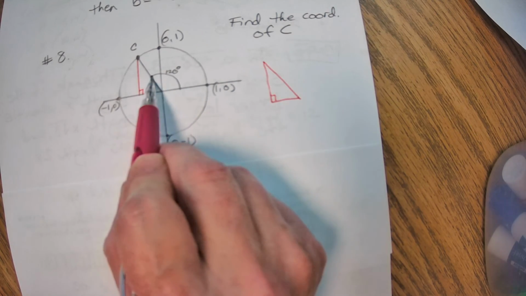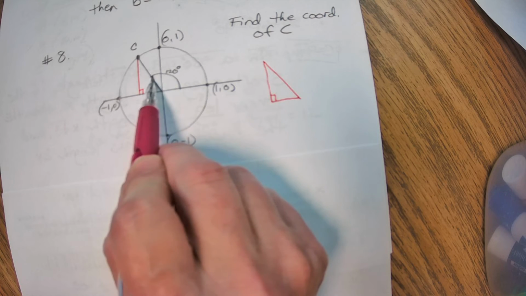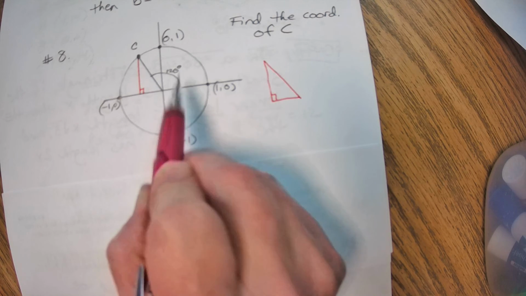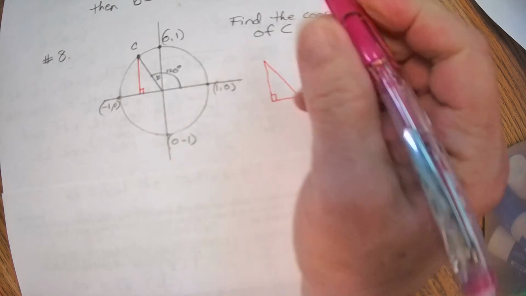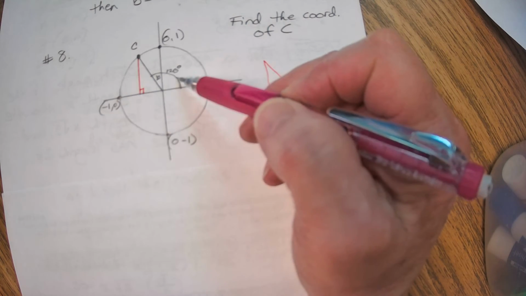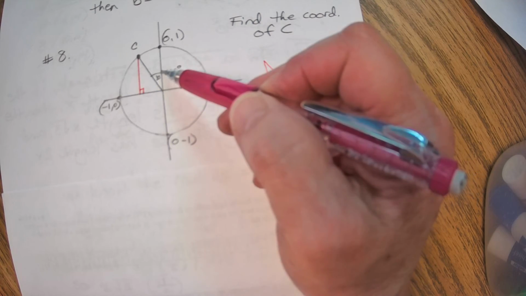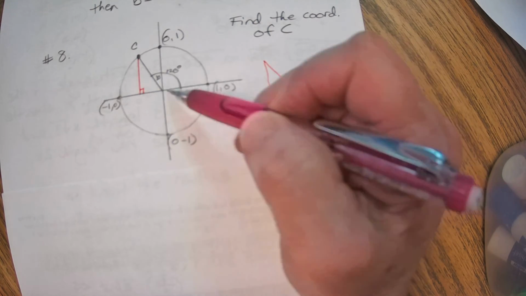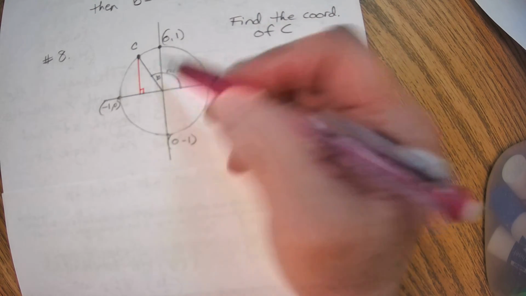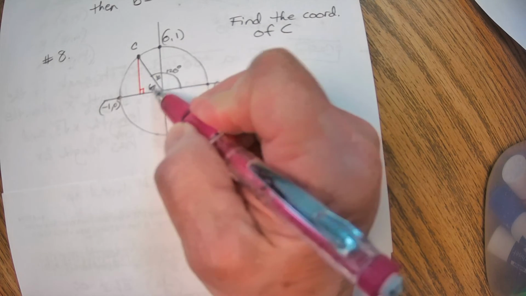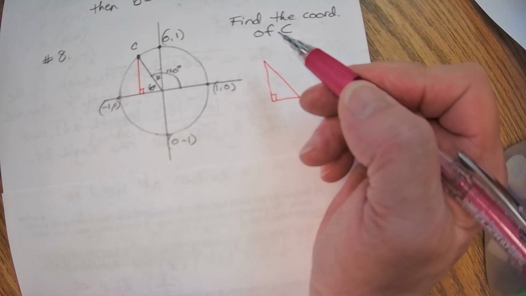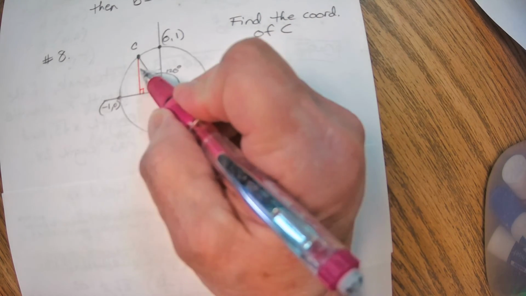And then notice that if this is 120 degrees, that means that this right here is 30, right? Because 120 minus 90, I know that this is a 90-degree angle, leaves 30. And if this is 30, this is 60, because 30 plus 60 equals 90 degrees. So this must be 30.